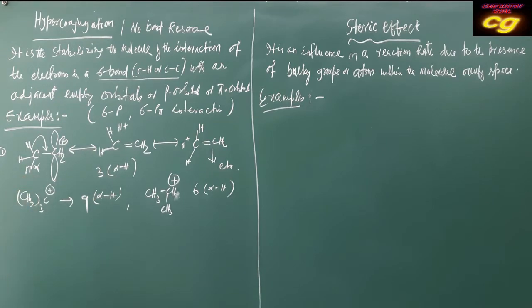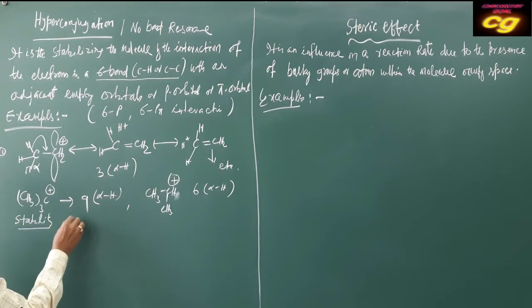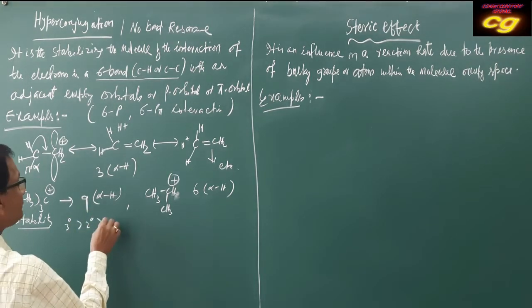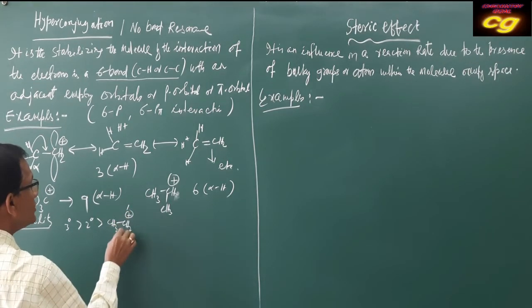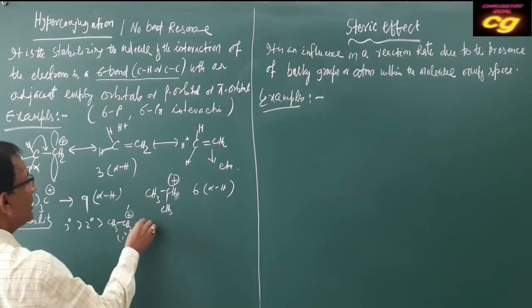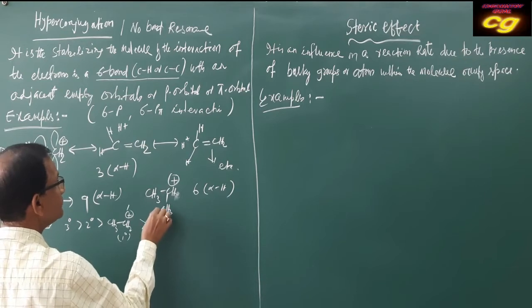So if you see the stability order of carbocations, tertiary is greater than secondary, then primary, then methyl.